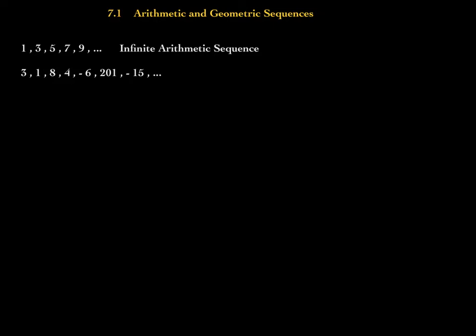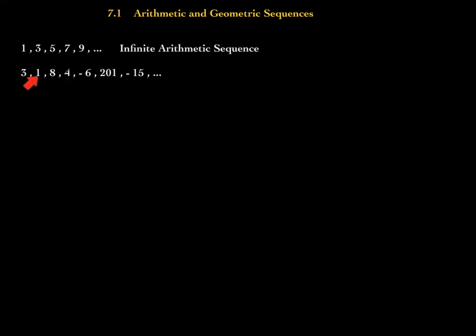Now, this sequence here is not arithmetic. How do I know that? Well, because in order for it to be arithmetic, I would have to keep adding the same number over and over again to generate the terms. And that's simply not true in this case, because in order to go from 3 to 1, you would have to add negative 2.